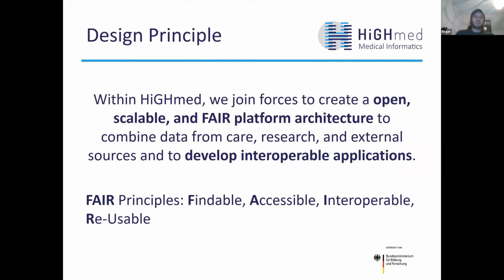So what we introduced as part of HiMAT is a scalable platform according to the FAIR principles. So data is findable, accessible, interoperable, and reusable. And distribute this platform across all the different sites that we want to connect. So we are basically enhancing the capabilities of the hospital information systems to deal with the variety of data, but also the interoperability challenges.